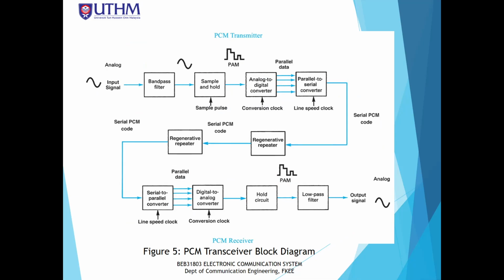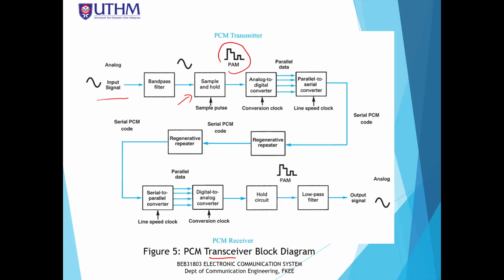This is about the PCM transceiver block diagram. A transceiver is a transmitter and receiver. We have the analog input, and we use the band pass filter to filter the desired frequency and remove the unwanted frequencies. Then we do the sampling process, sample and hold, to produce a pulse amplitude modulation signal.